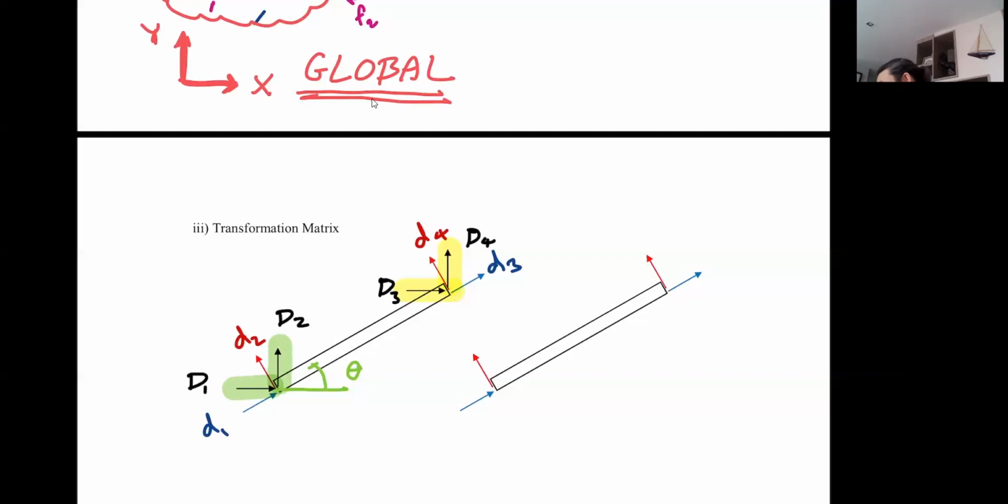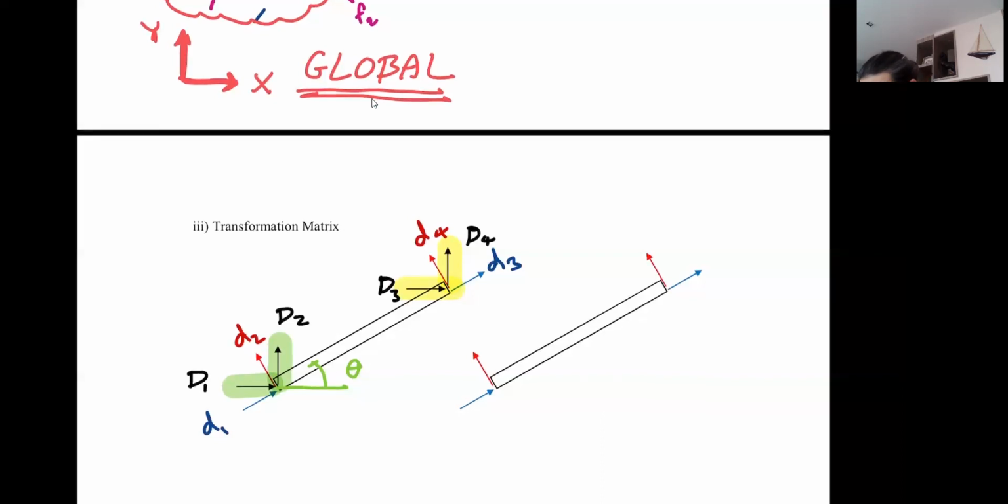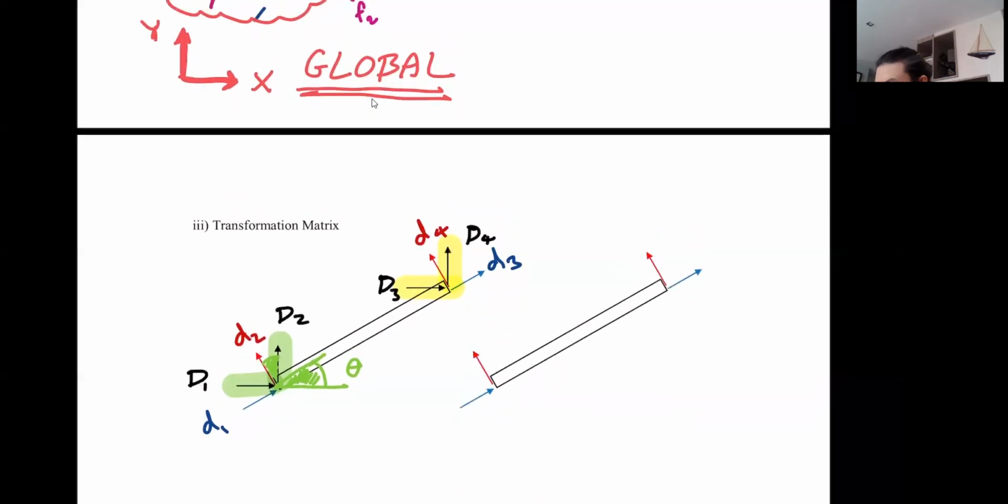Very funny. Anyway, so this D1, if that's the angle, if this is theta, that is theta, correct? So now I hope that you can see it's going to be the D1 here. Let's see if I can squeeze it.